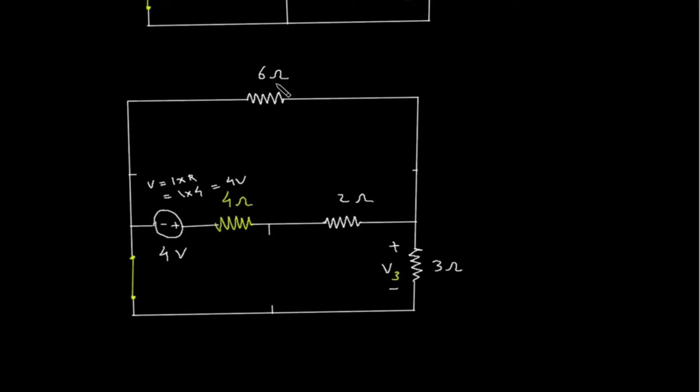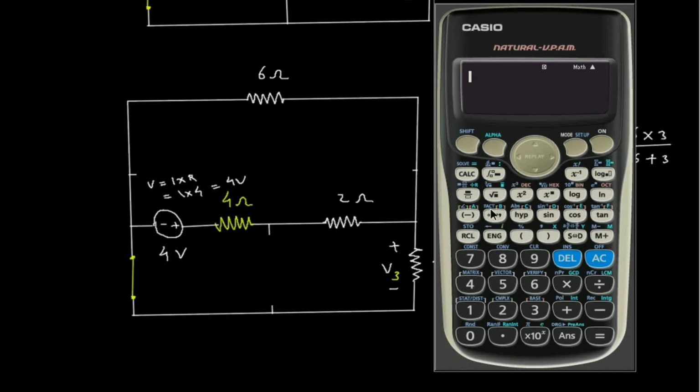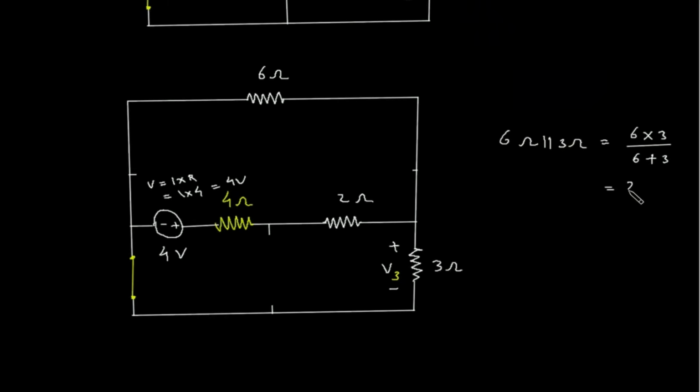Now as we can see that this 6 ohm is in parallel with this 3 ohm. So 6 ohm parallel with 3 ohm will be 6 into 3 by 6 plus 3. This is 2 ohm.